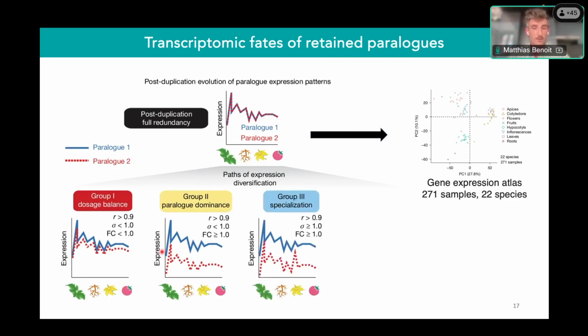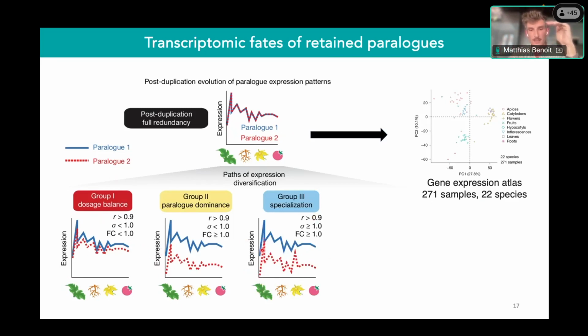The third type we saw was a type of specialization in terms of gene expression. Here, the idea is basically very similar to group 2 with the paralogue dominance, where you have one copy that decreases in expression in most of the tissues tested, except a few.